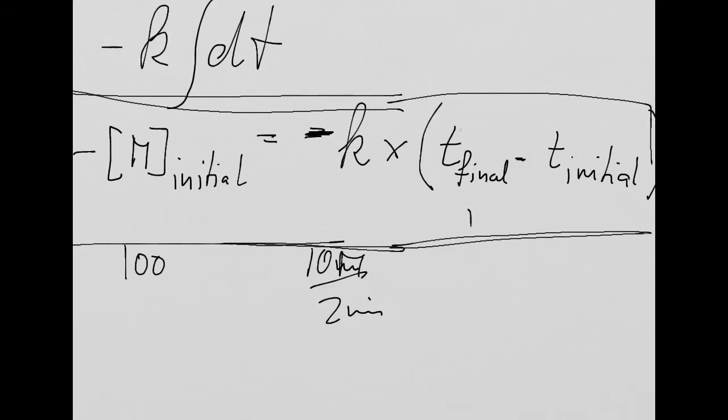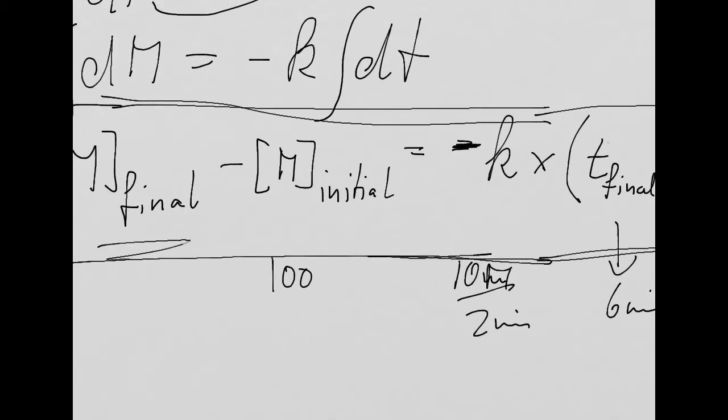T final was 6 minutes. And our initial time point, that is when we started the clock, that would be 0 minutes. Yeah? And if we calculated that for M final, you can try out what this does, you would get 70 Maltesers.